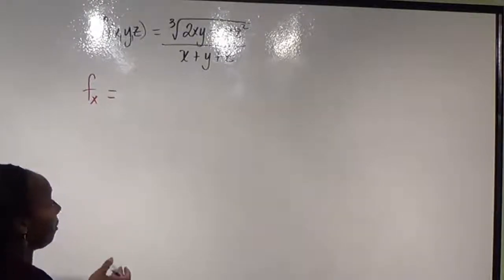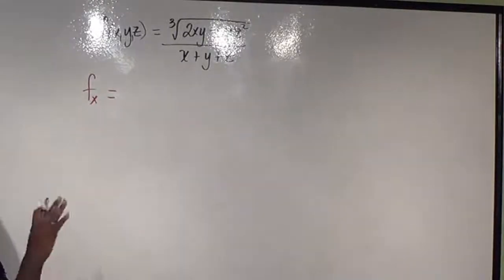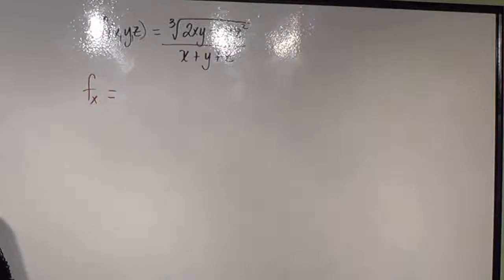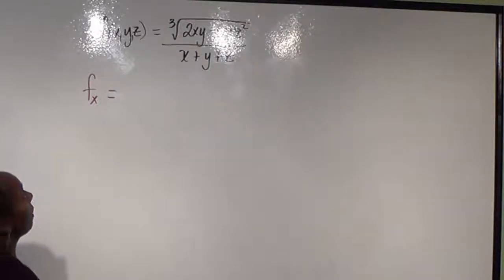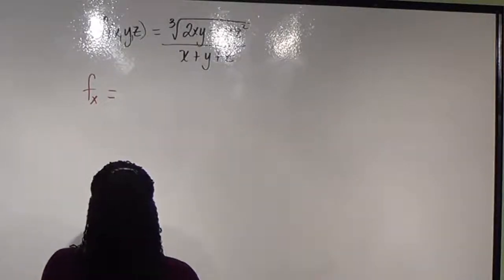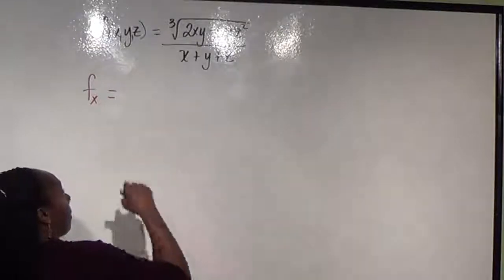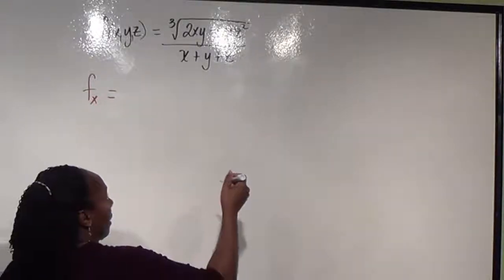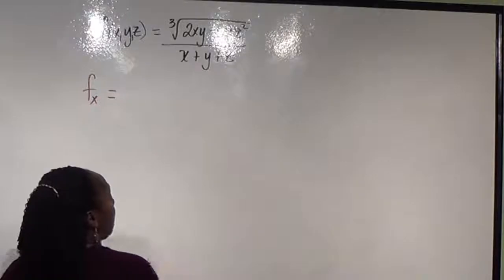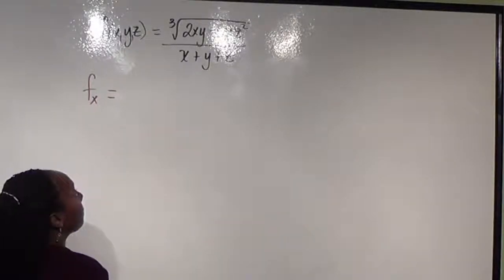Okay? So here, first thing to notice is I have x both top and bottom, which means I'm basically looking at a quotient rule. So my quotient rule says I'm going to do the derivative of the top times the bottom minus the top times the derivative of the bottom all over the bottom squared.